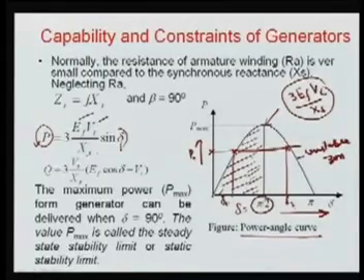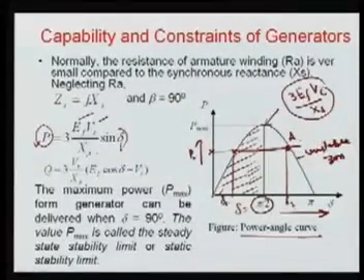Now how can we say that this is stable or unstable? Let's suppose our system is operating at point A. If there is a sudden increase in power, what happens from this expression?